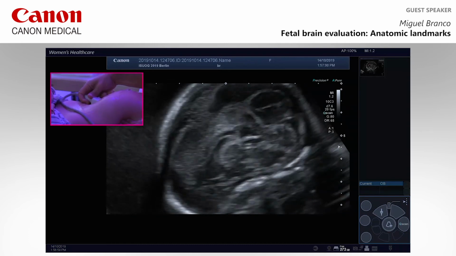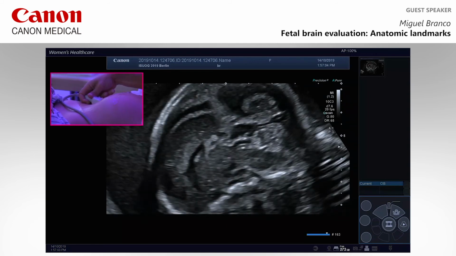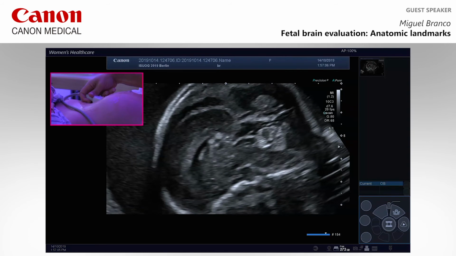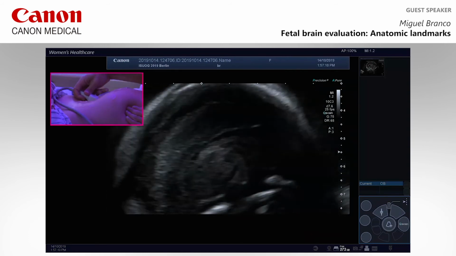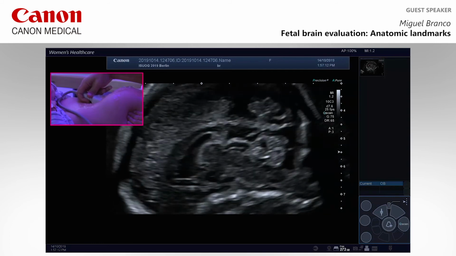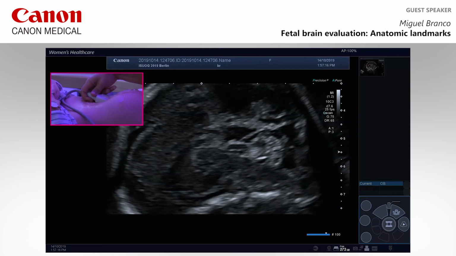The vermis and the Sylvius aqueduct. Here, the vermis, the fourth ventricle, the primary fissure that should divide the vermis in one third superior, two thirds inferior, the aqueduct of Sylvius.